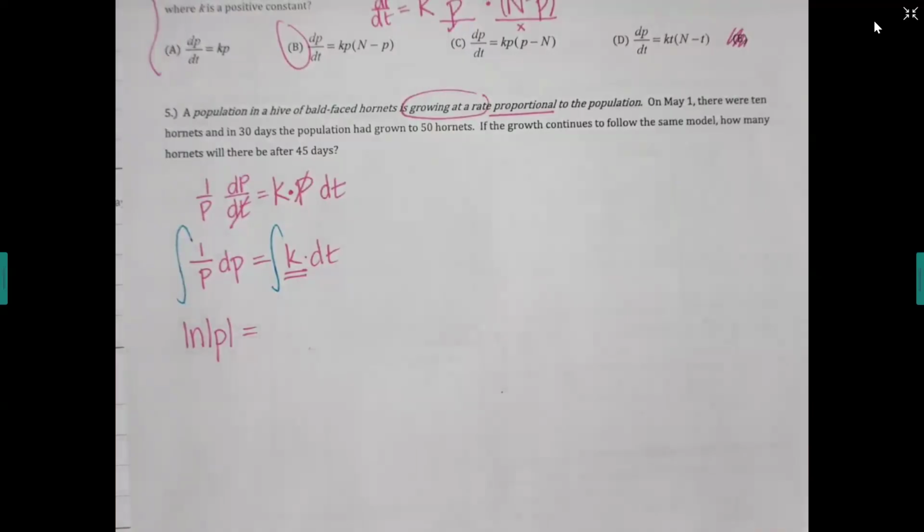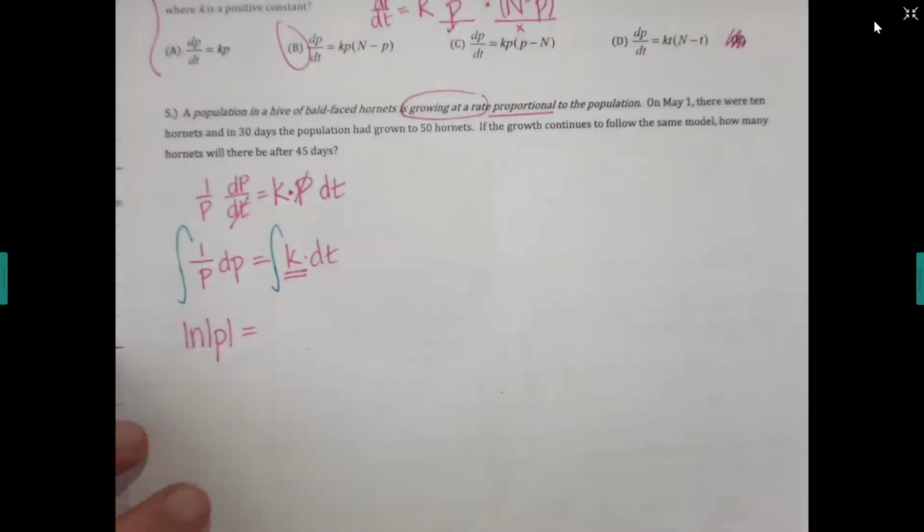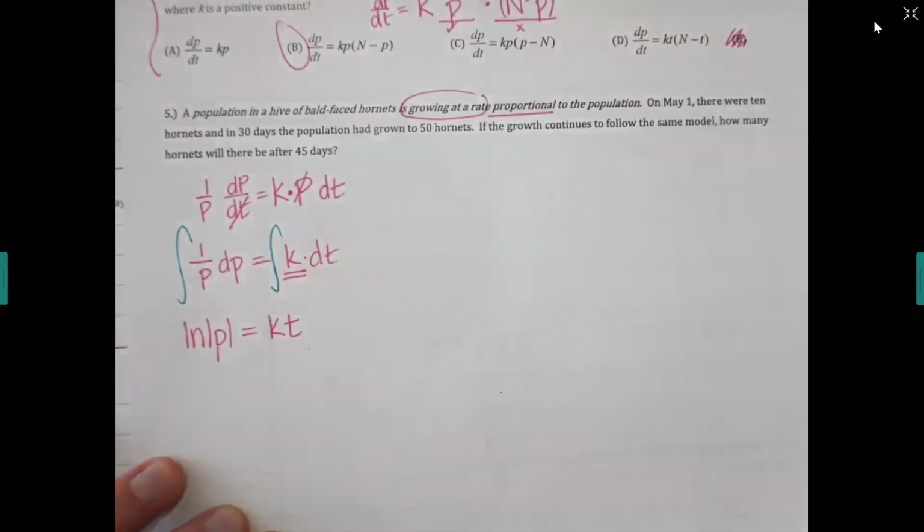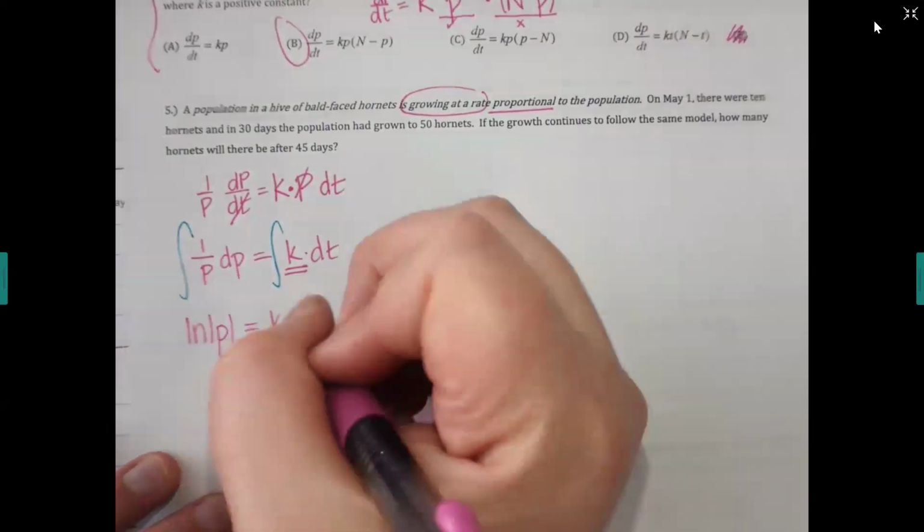So on this side, if I'm integrating a constant, even if it's a constant I don't know, with respect to time, what would the antiderivative be? So like if it was a 3, it would go to 3t, right? So if it's a k, what would k go to? kt. You would basically just give it its t back because you're taking an antiderivative. kt then plus C.